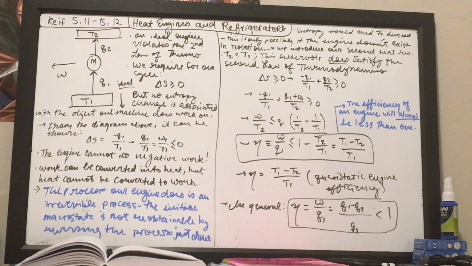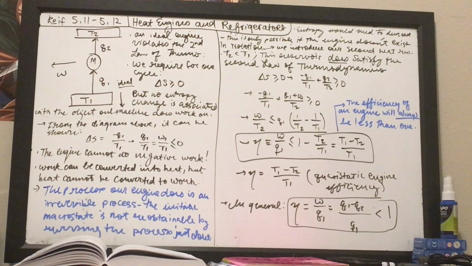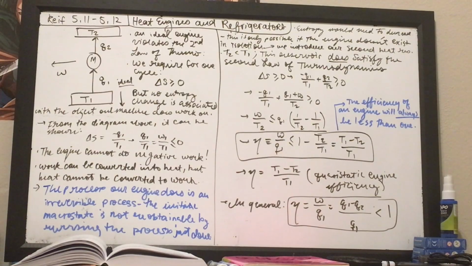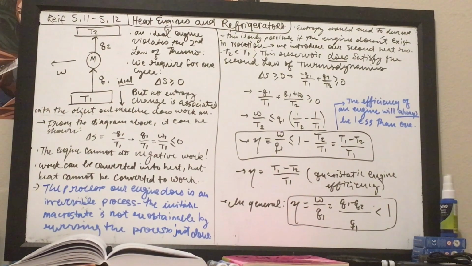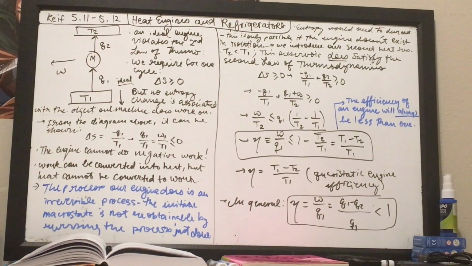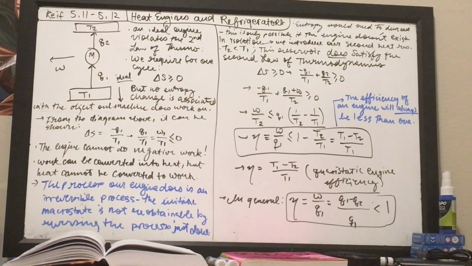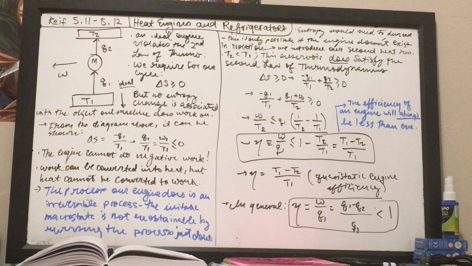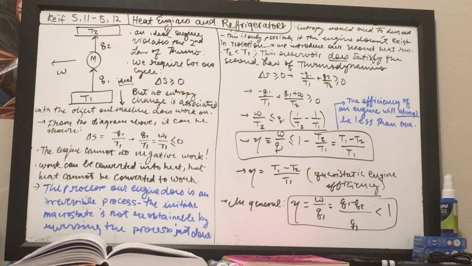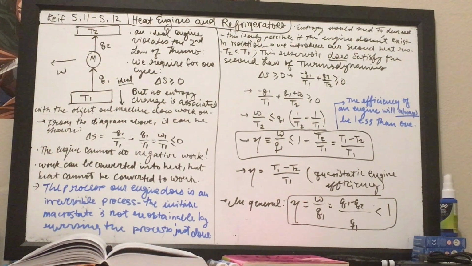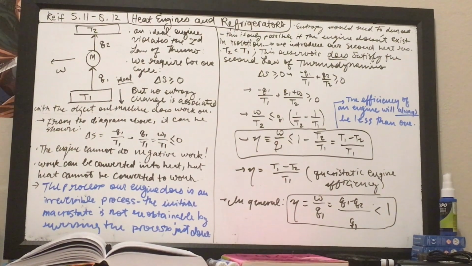So if you have a piston and you pump the piston one time, the macro state of that system can never be returned to the initial state that you had before that cycle transpired. Now, statistically, is it possible? Yes. Is it probable? Fantastically, no. Those are the words that Rife uses.